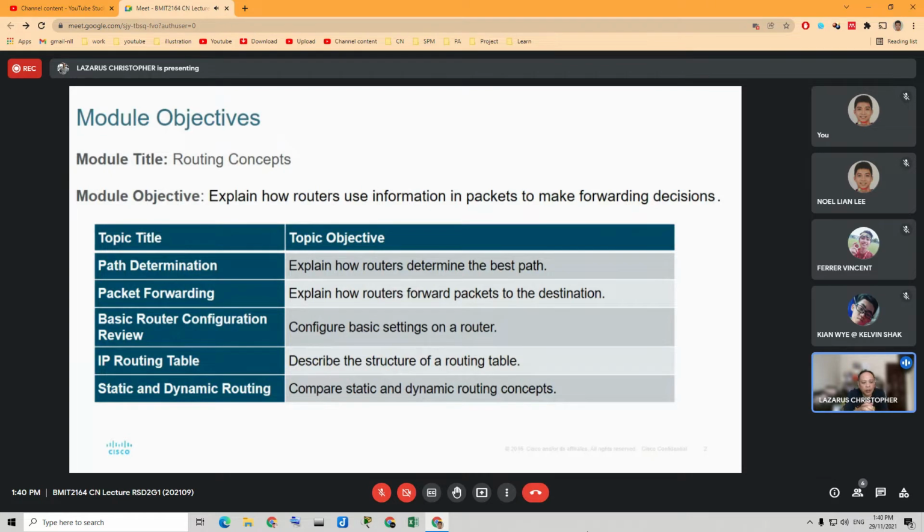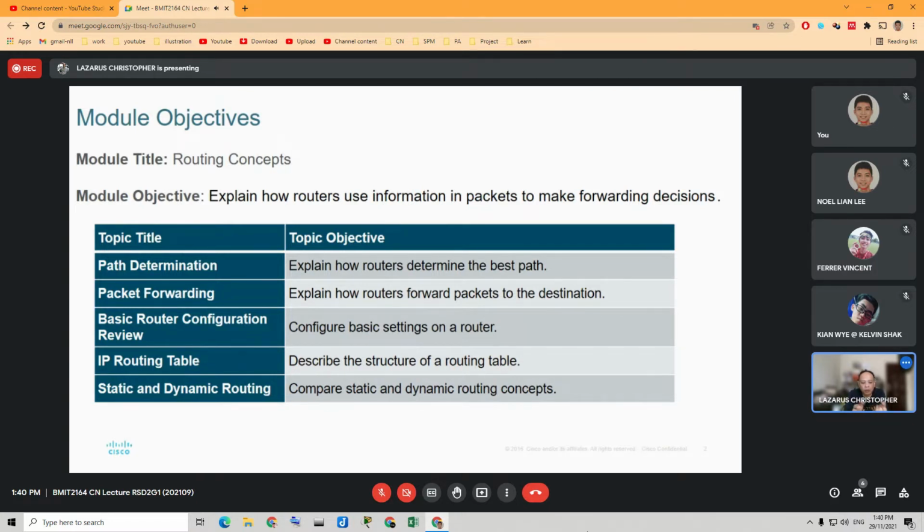Right, we're going to look at path determination. Right, and this section explains to us how routers determine the best path. Okay, we already know that routers forward packets between networks.